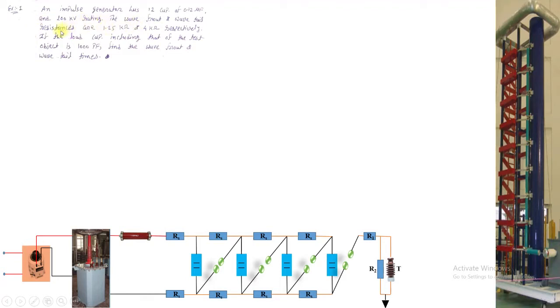The wavefront and wavetail resistances are 1.25 kilo ohms and 4 kilo ohms respectively. If the load capacitor including that of the test object is 1000 picofarad, find out the wavefront time and wavetail time. So here the requirement of the problem is to determine the value of time intervals.